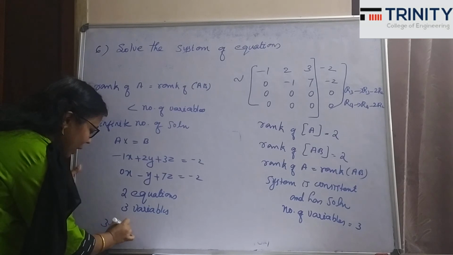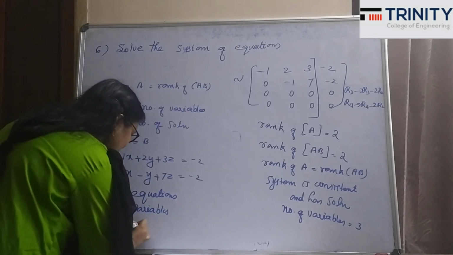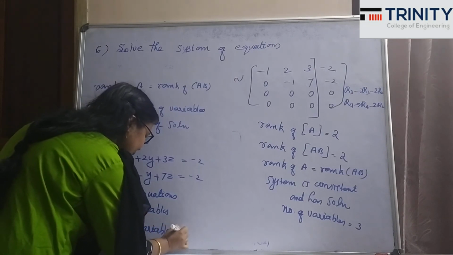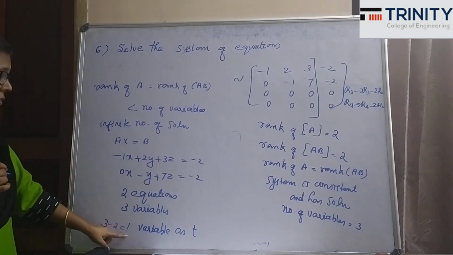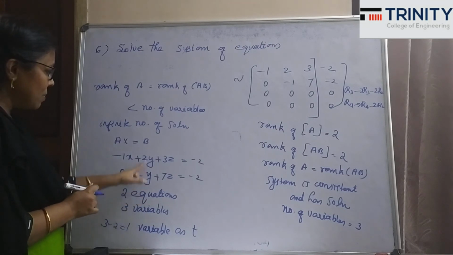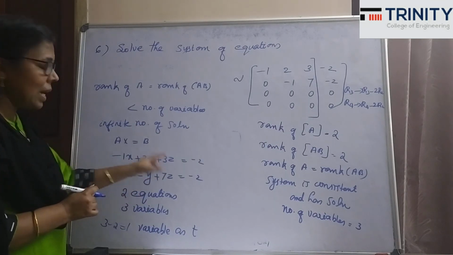Therefore, we have to choose this 3 minus 2 equal to 1 variable as t. That is, from these two equations, we have to find the values for x, y and z.